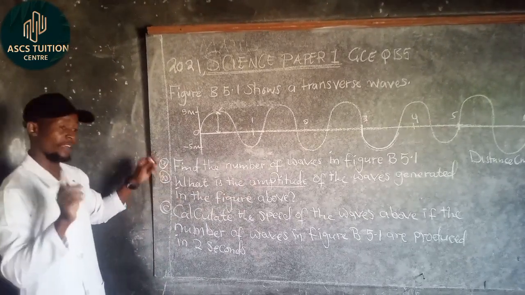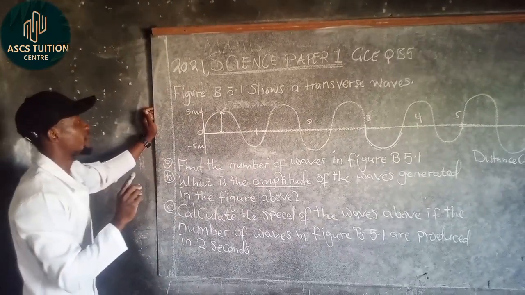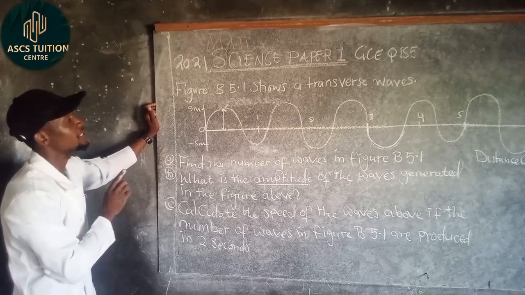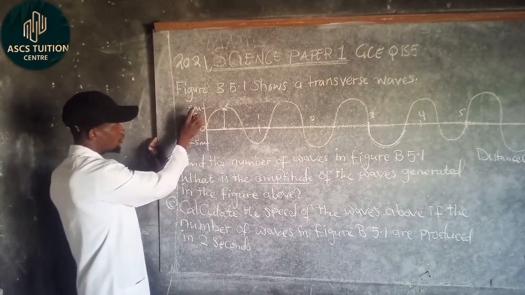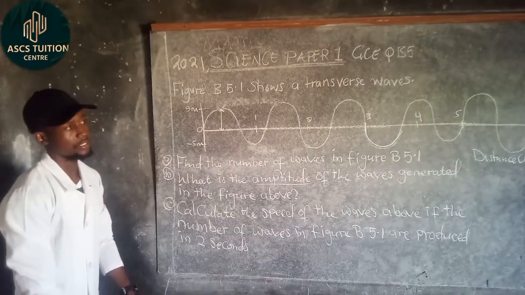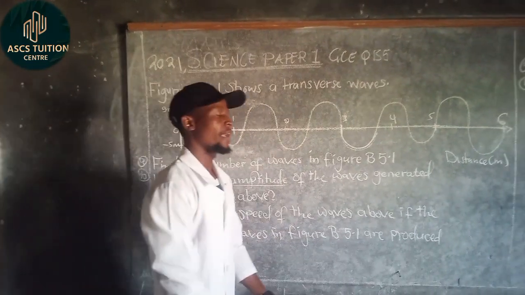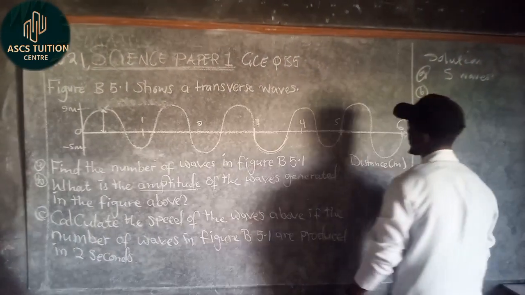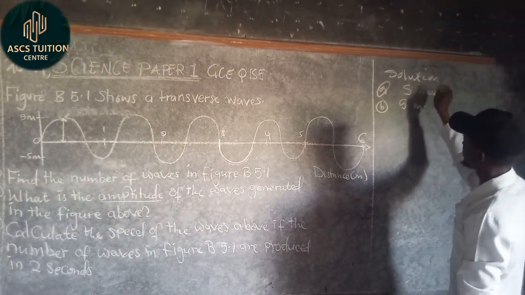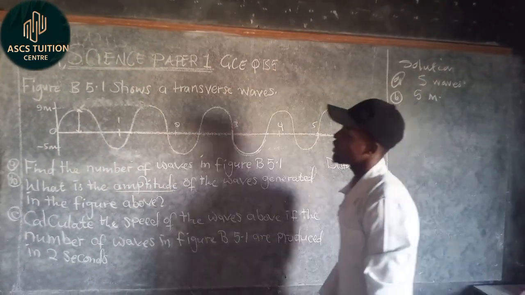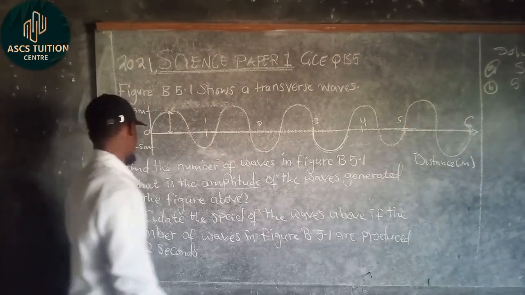Let me repeat again, it is defined as the maximum displacement that a wave moves from the resting position. Therefore, our amplitude here is 5 meters. Mind you, the SI unit that we use for amplitude is meters. Therefore, our answer here is 5 meters. That is our amplitude. Now let's proceed.